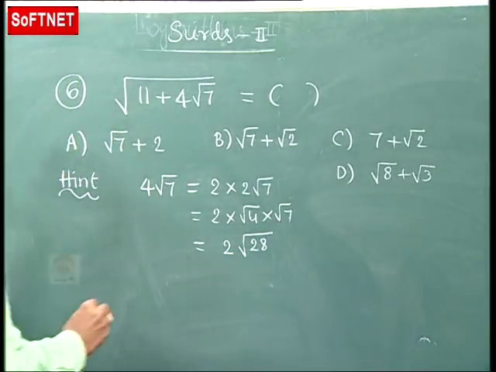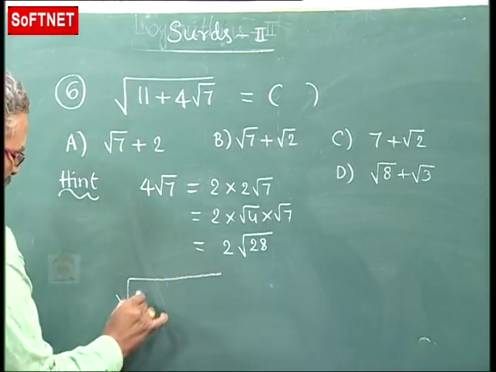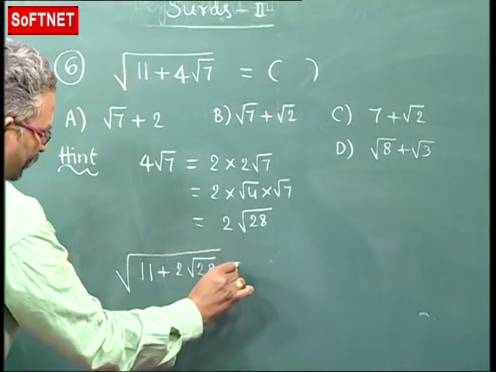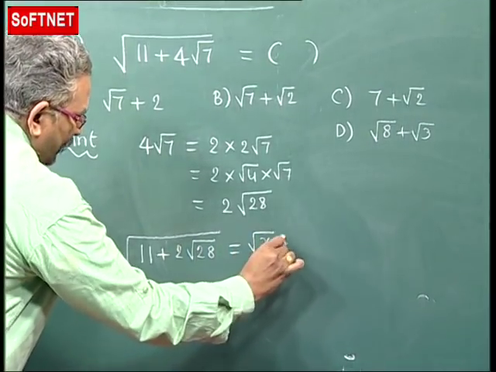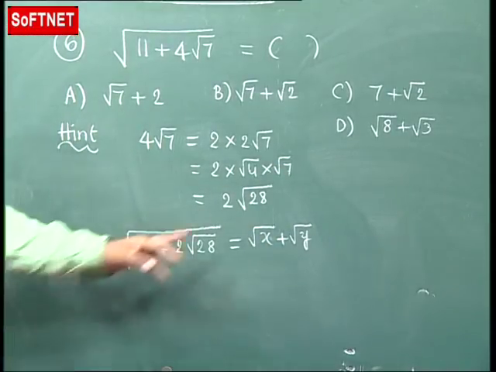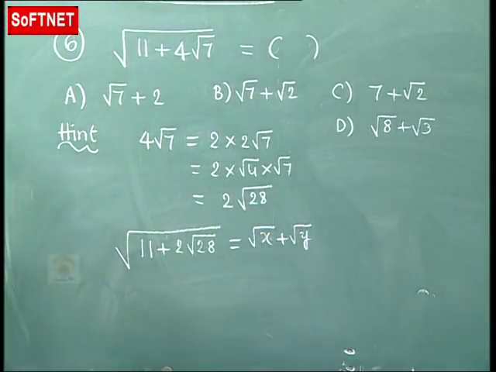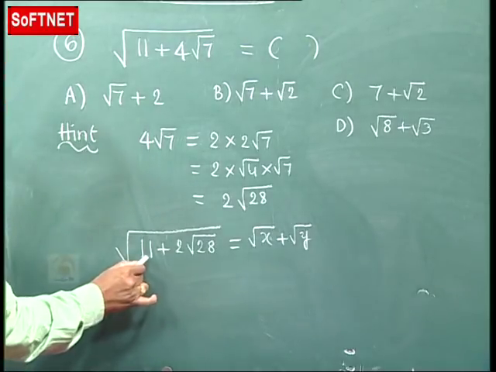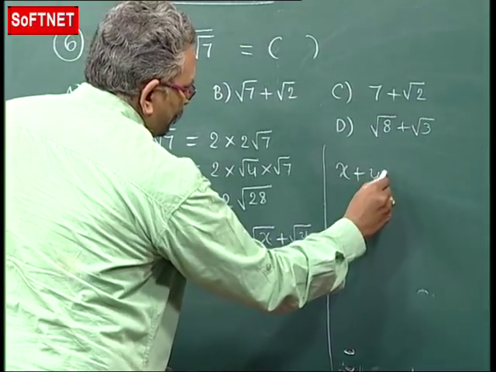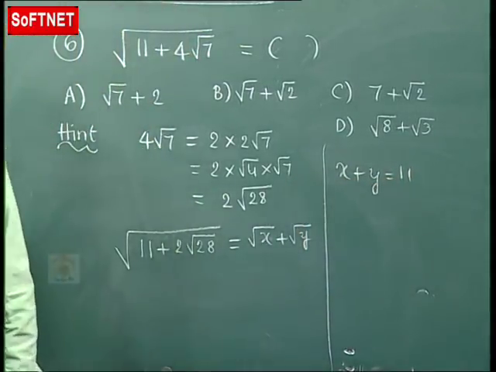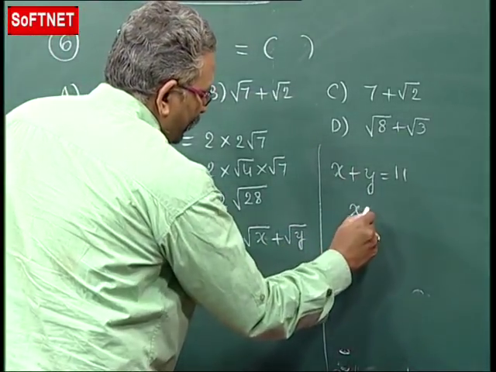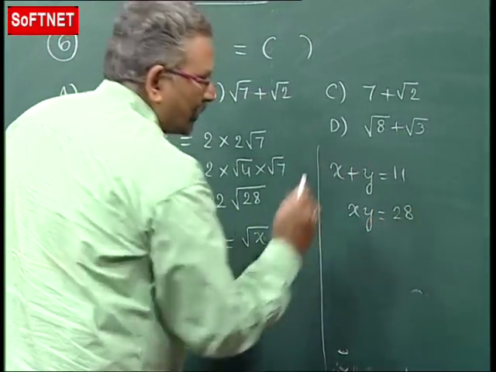Now, this is root of 11 plus 2 root 28. This is root x plus root y, let us say. Now, x value, y value we have to find out. Here see, this 11 is x plus y, whereas this 28 is the product of these two, xy is equal to 28.